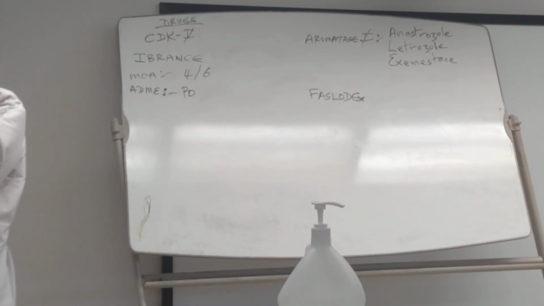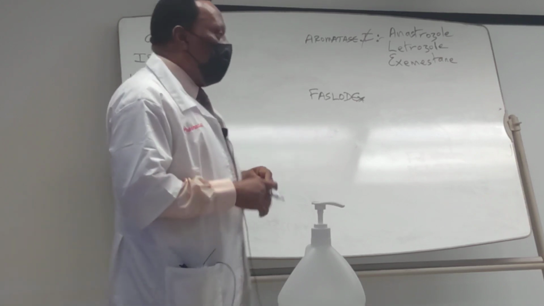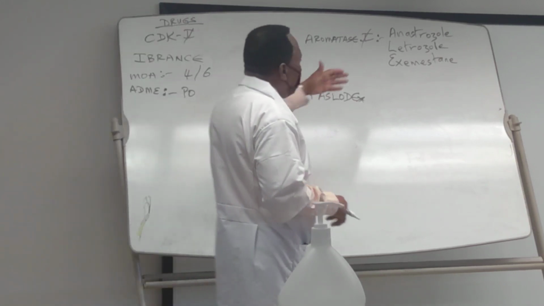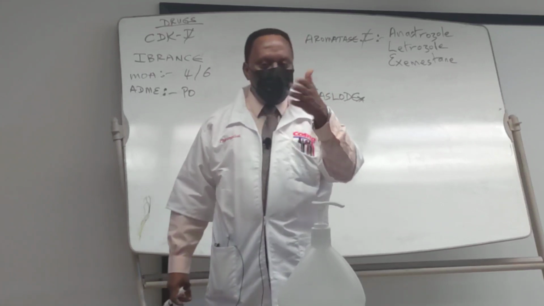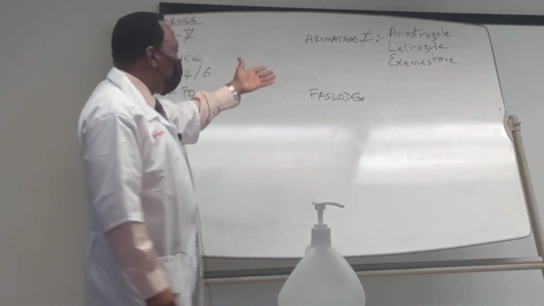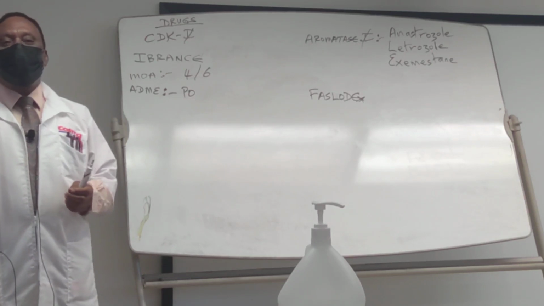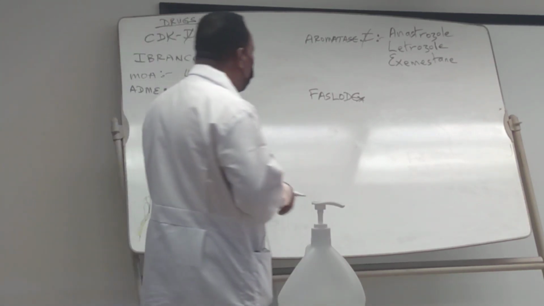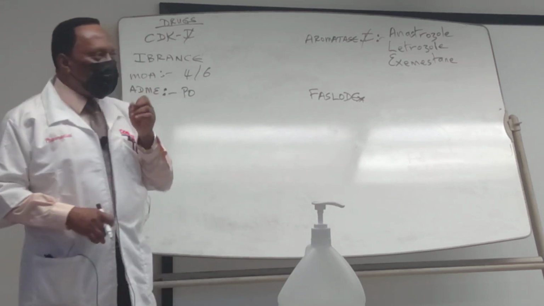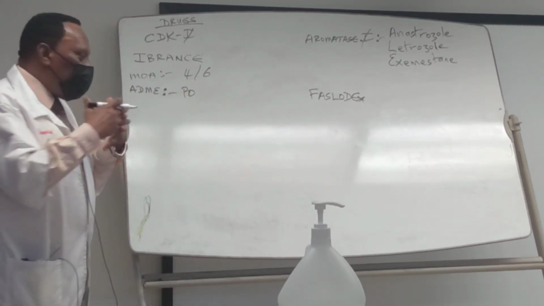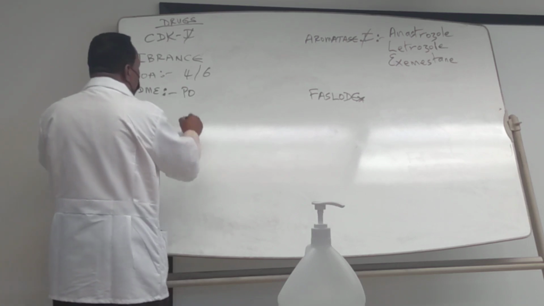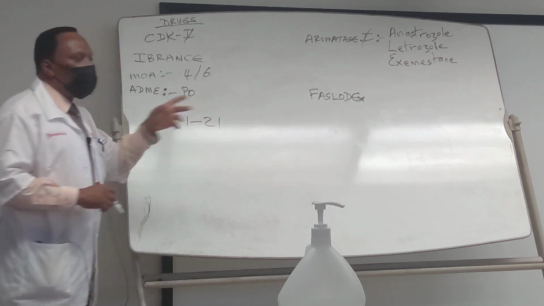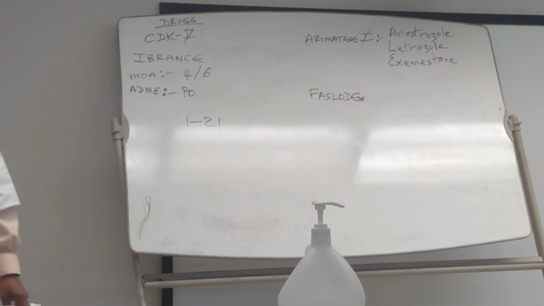With anastrozole, we'll be using 1 milligram of anastrozole with the Ibrance. If you use letrozole, it will be 2.5 milligrams. And if you use exemestane, it will be 25 milligrams that you will use with your Ibrance. And the way the regimen is administered is on day 1 to day 21, you use the combination, that is Ibrance plus an aromatase inhibitor.